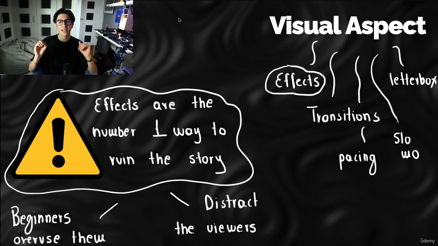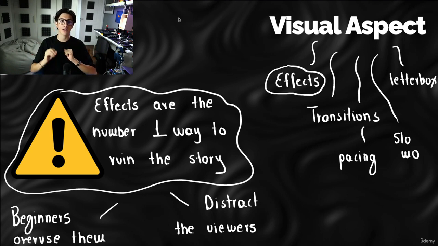One thing that I want to point out again that we mentioned earlier, remember that effects are the number one way to ruin the story. And when I say ruin the story, I pretty much refer to distracting the viewers. If the viewers get distracted in any aspect of your editing, for example, they get distracted by your transitions or your effects or too much slow motion, this is a great way to just ruin the story.